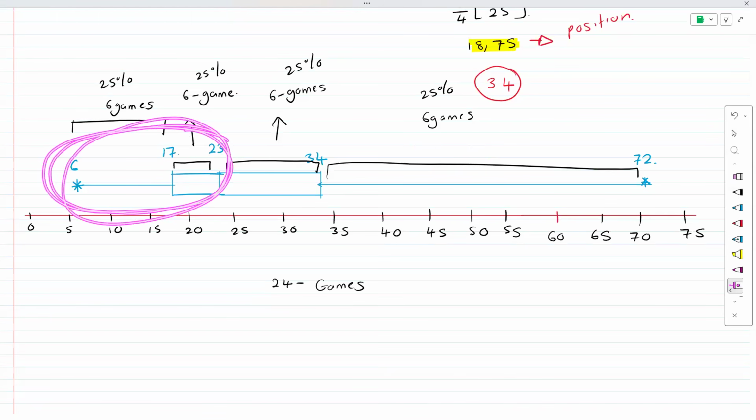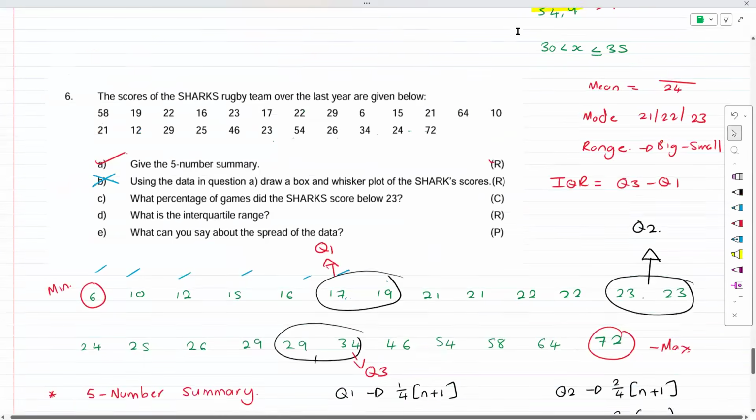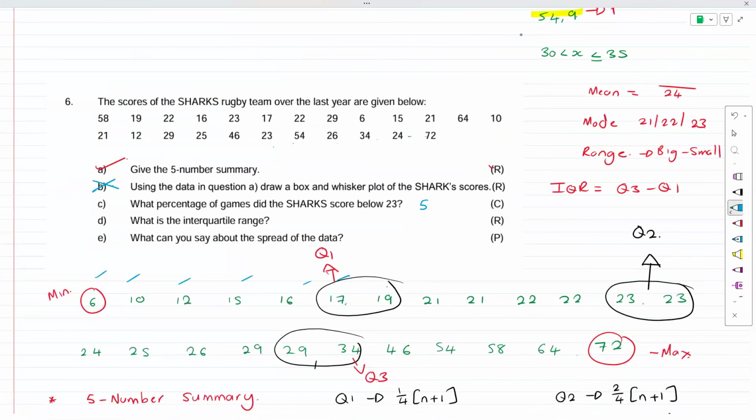So how many percent is this? 25 plus 25 is 50%. So 50% of the games were where they scored less than 23. And if they want to know how many games it was, which they don't, it will be 12 games because 50% of 24 is 12.